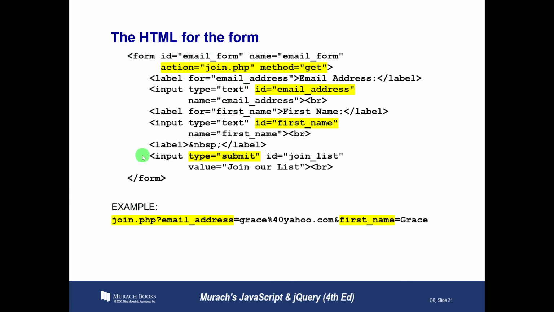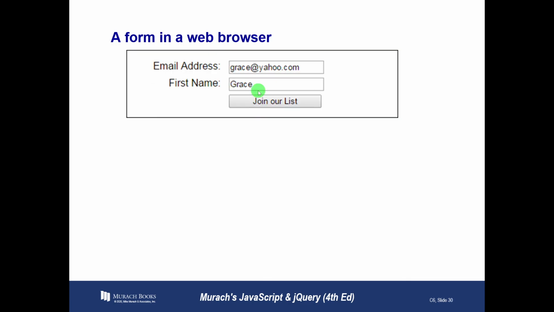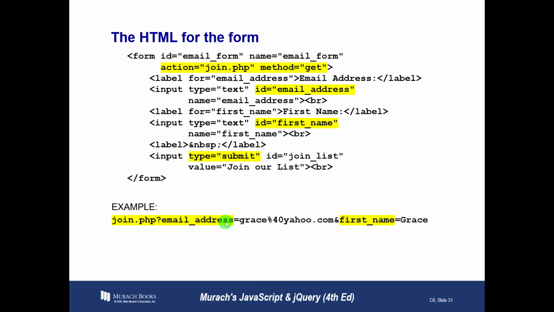In this case, when this form gets submitted, it's going to call that join.php, and it's going to get the email address, which came from the email address text box. If we go back up here, email address grace@yahoo.com. It's pulling the information out of there and getting Grace. This is the code for the @, %40, grace@yahoo.com.